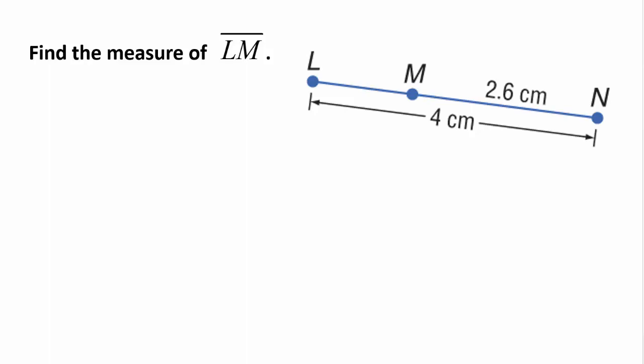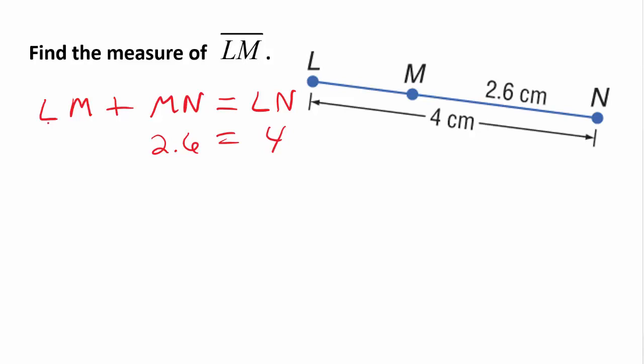Now let's find the measure of line segment LM. Again, we're going to start by writing an equation. LM plus MN, the two parts, they're going to equal LN, which is the whole. Let's go ahead and plug in what we know. We know MN is 2.6. LN is 4. And we're trying to figure out what LM is.